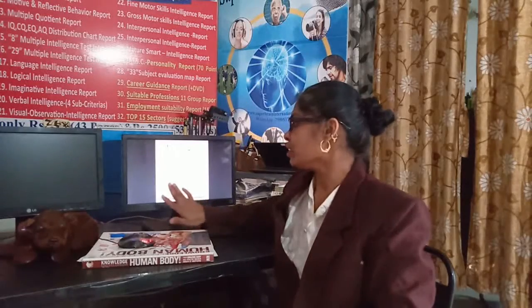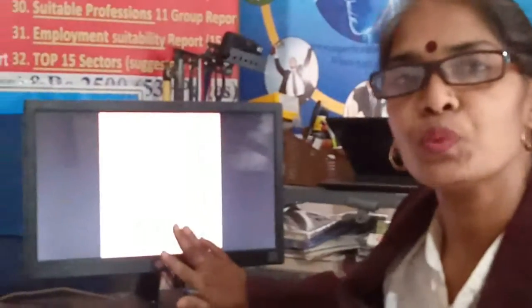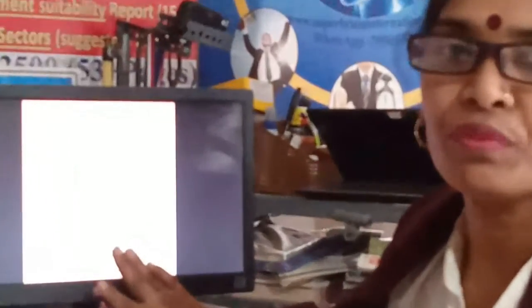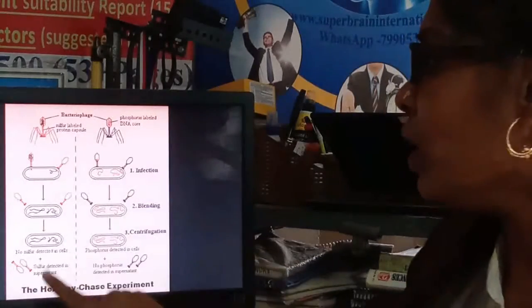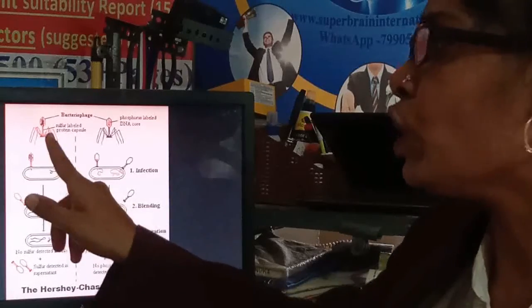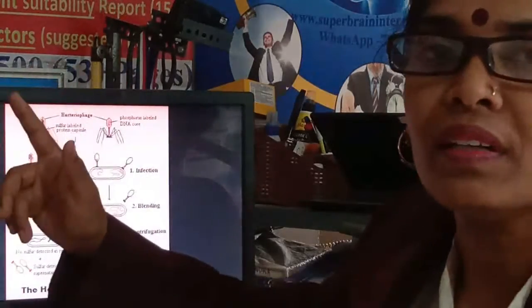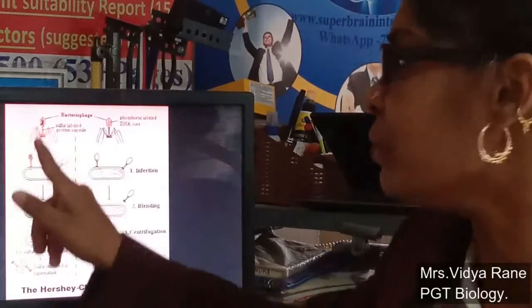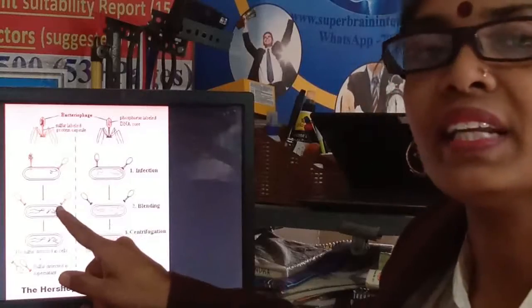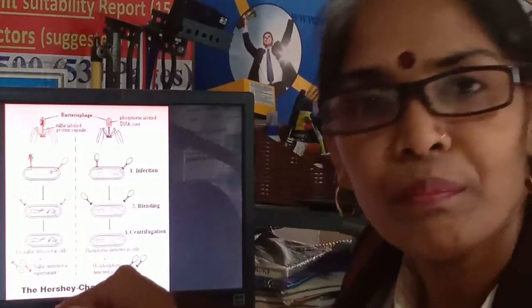After centrifugation, they checked the supernatant material and found that the radioactive sulfur is found in the supernatant, while phosphorus is not found in the supernatant. Why did this happen? Because in the supernatant only the outer protein coat remains, and the transforming material, which is transferred from the bacteriophage into the bacteria, has entered the bacterial cell.